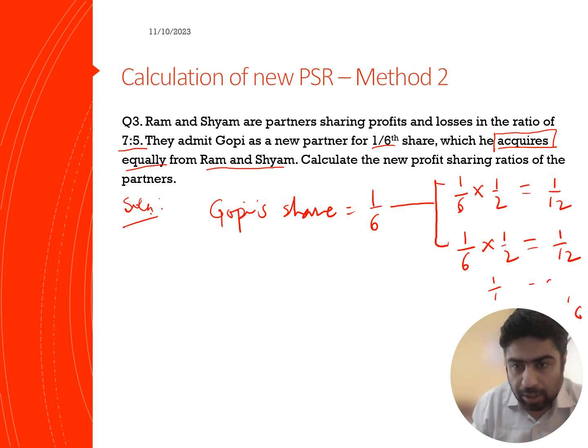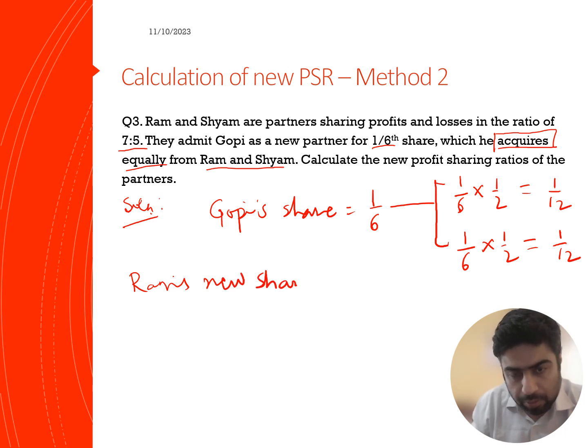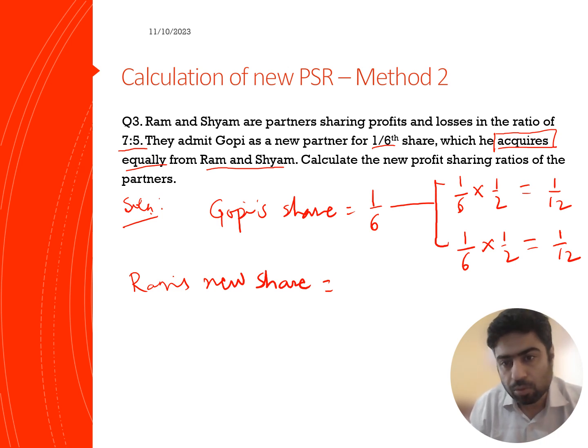Alright. Now once we've got this value, we are already given the old PSR of Ram and Shyam, right? So in order to find out Ram's new share, we simply need to subtract 1/12 from Ram's old share. Ram's old share is 7/12 and we will simply subtract 1/12 from here.